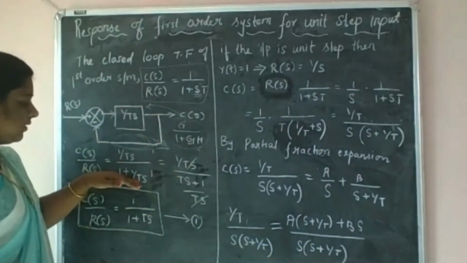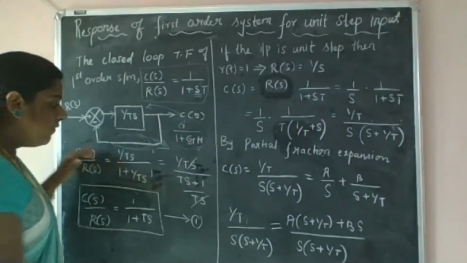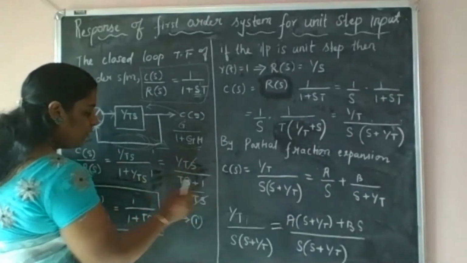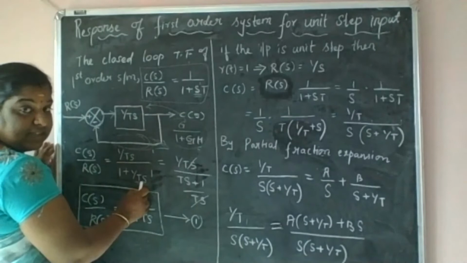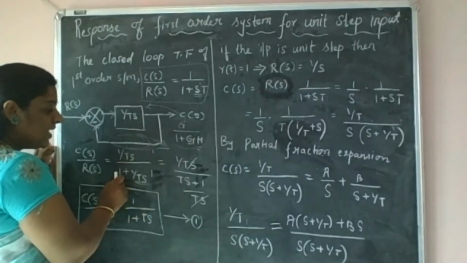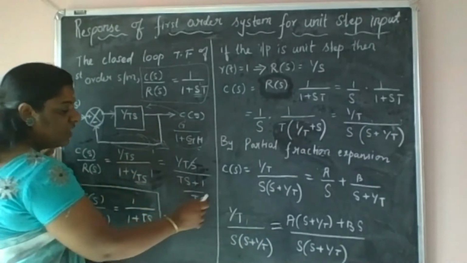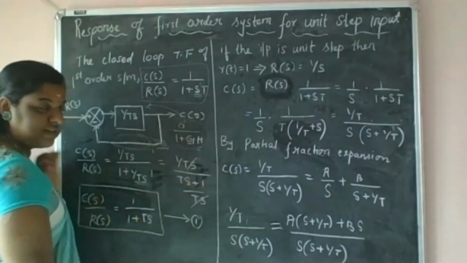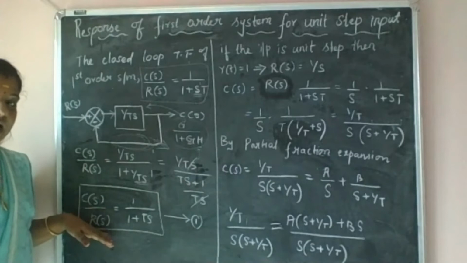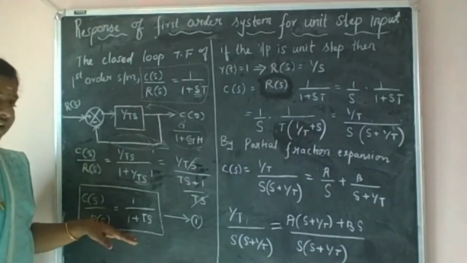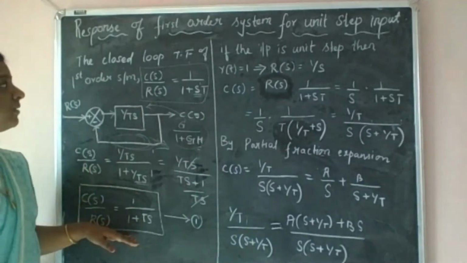Taking the LCM on the denominator, we will get Ts plus 1 divided by Ts. In the denominator Ts, the Ts gets cancelled. So we will get C(S) divided by R(S) is equal to 1 divided by 1 plus Ts.